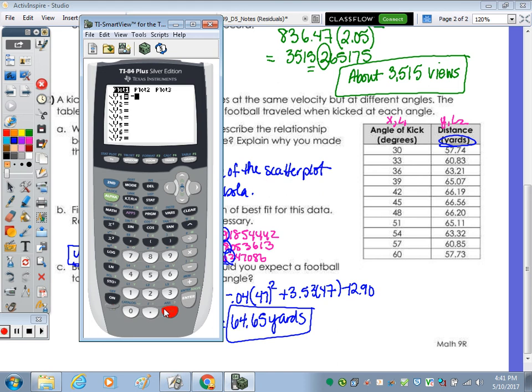So negative, this is our prediction curve, 0.04 x squared plus 3.53x minus 12.9 graph. Okay, so there's the prediction line for that data with the actual points of the scatter plot.